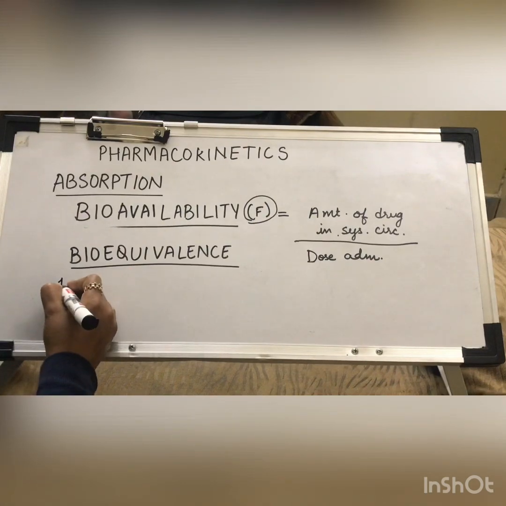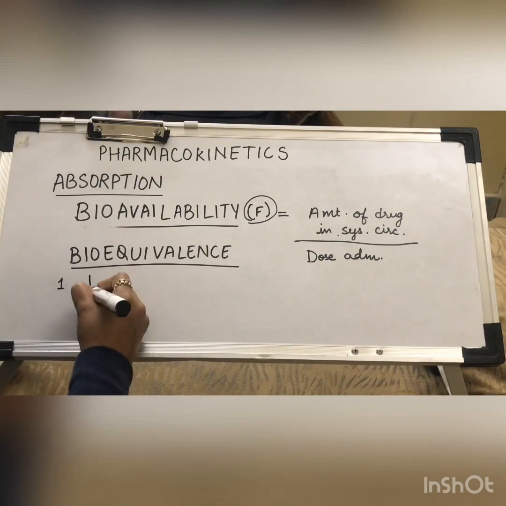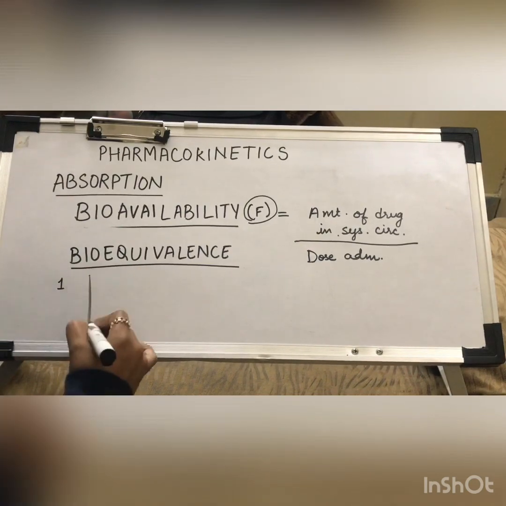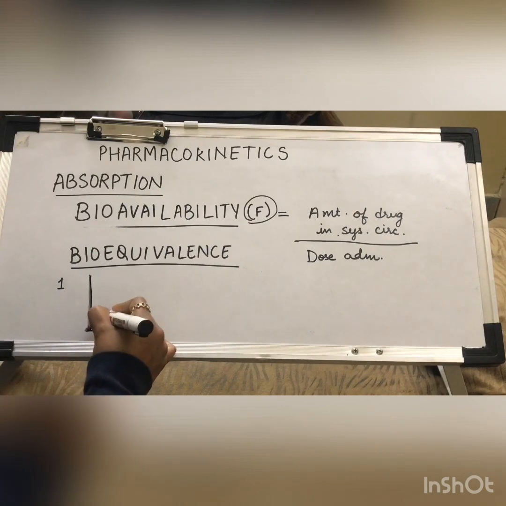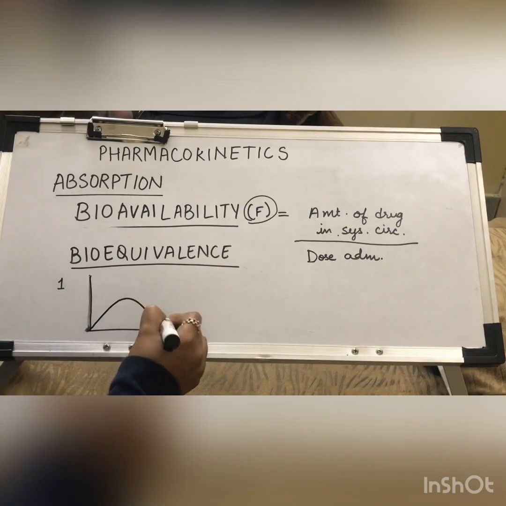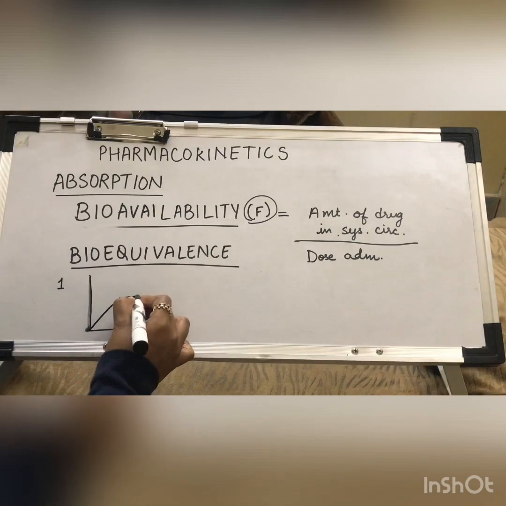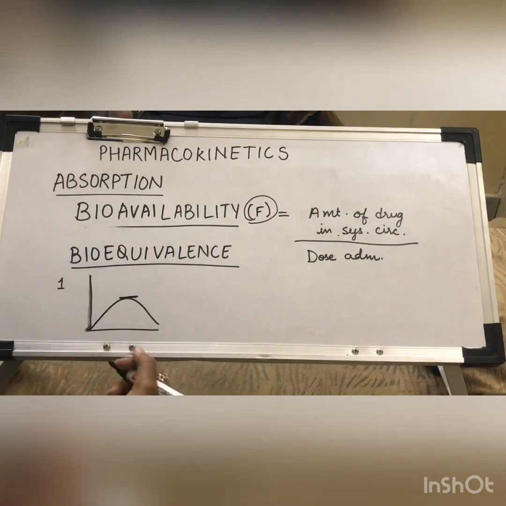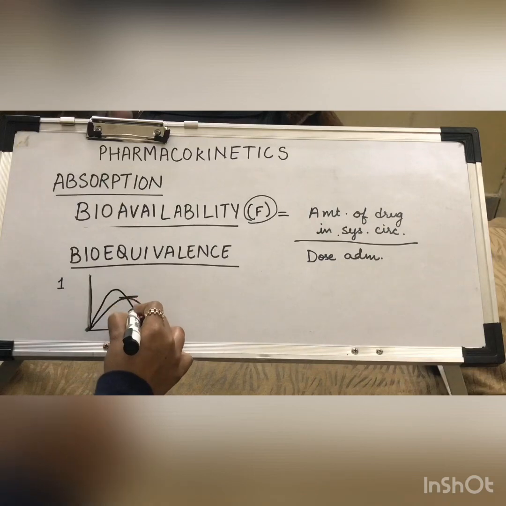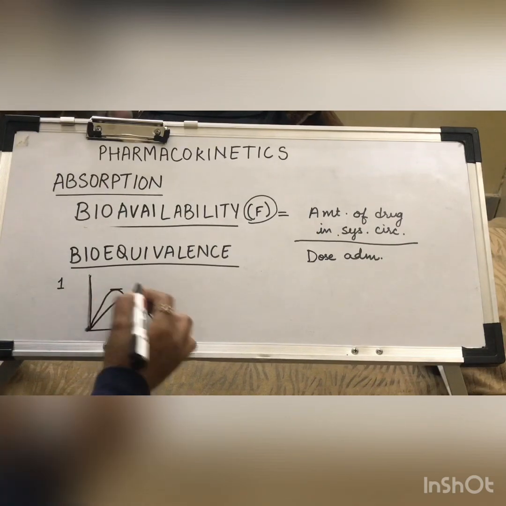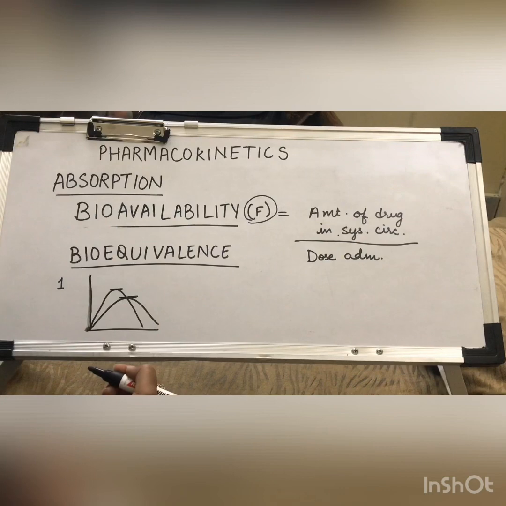For example, there is drug 1 which is giving you bioavailability, and it is reaching this level of concentration in the blood. And another drug from a different manufacturer, a different lot, is reaching a different level in the blood.